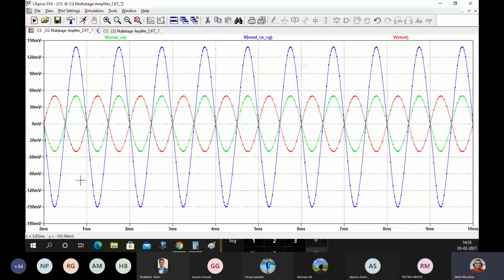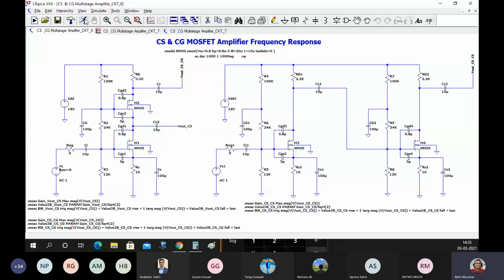So this is very clearly seen from the simulation. And if you go to the transient response, let's look at that.